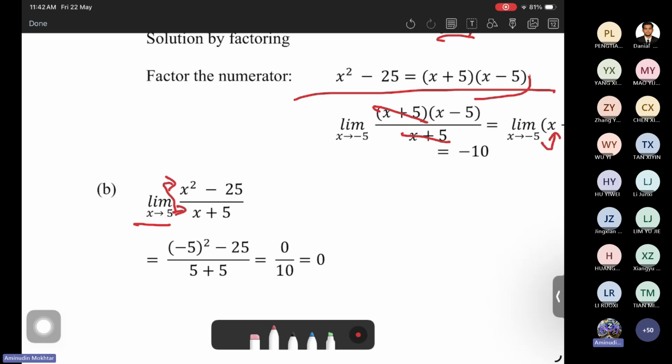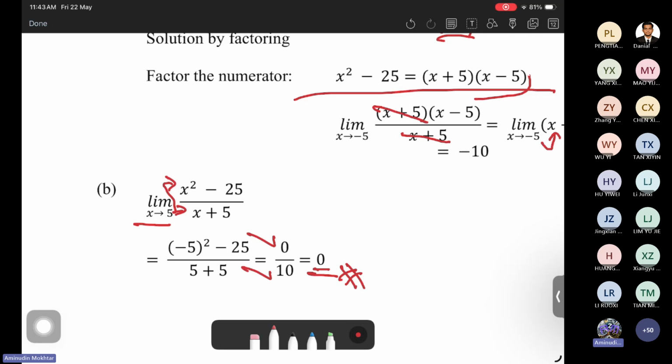We get 5 squared minus 25, and the answer is 0. And 5 plus 5 is 10. Now we get 0 divided by 10, the answer is 0. In this case, the limit is equal to 0.